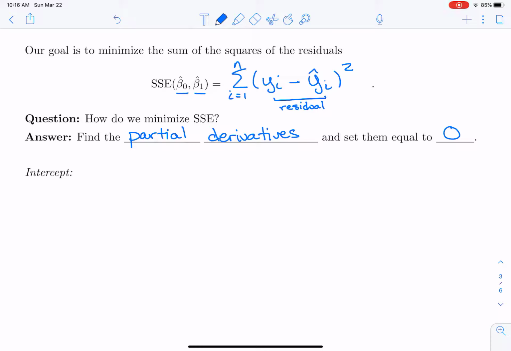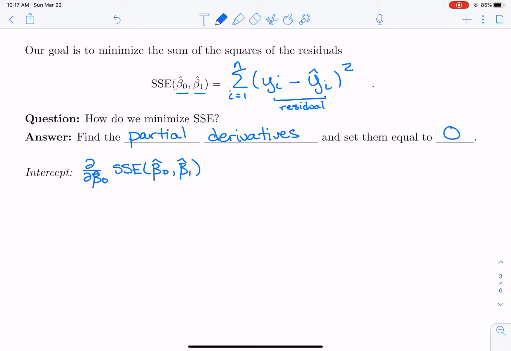So the partial derivative that we want to look at first is going to be for the intercept. So that's going to be the derivative with respect to beta 0 hat of the sum of the squares of the errors, which is a function of beta 0 and beta 1.